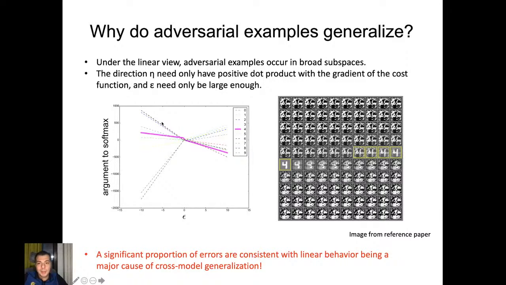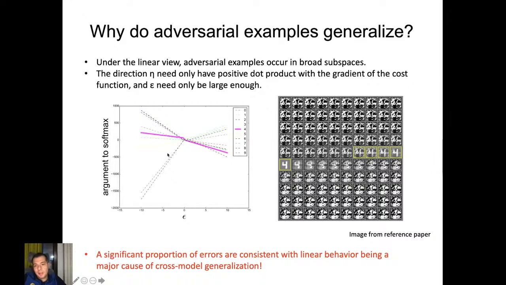They look at the adversarial examples in the subspace generated from the pre-last layer of the network, and they look at a certain direction that has positive dot product with the gradient of the cost function, and here epsilon is the noise, the magnitude of the noise of the adversarial examples.